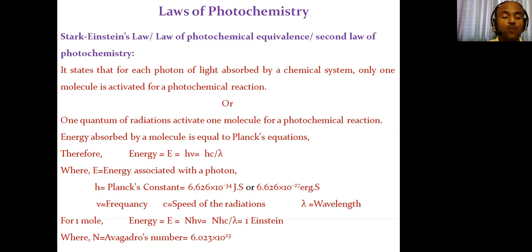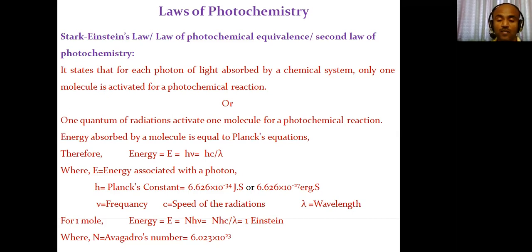For one mole, we can write this equation as E is equal to N h mu or N hc upon lambda, that is equal to 1 Einstein, where N is Avogadro's number, that is the number of particles present in 1 mole, and the value of Avogadro's number is 6.023 into 10 raised to 23.